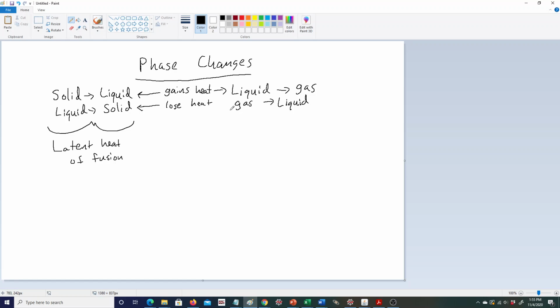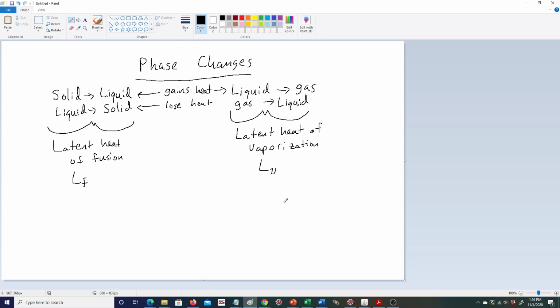Whereas from a liquid to a gas, or a gas to a liquid, we call this the latent heat of vaporization. This is often denoted by L sub F, and this is often denoted by L sub V.